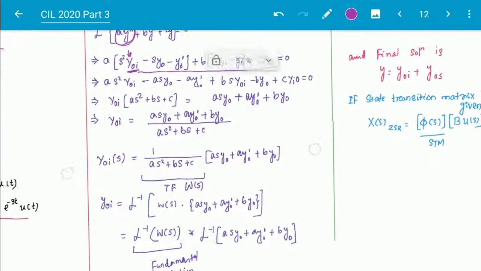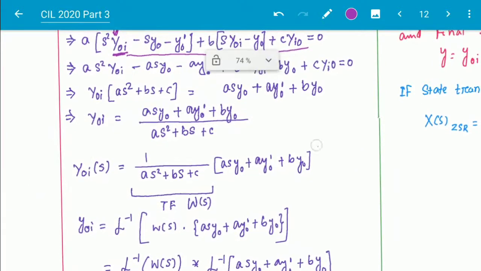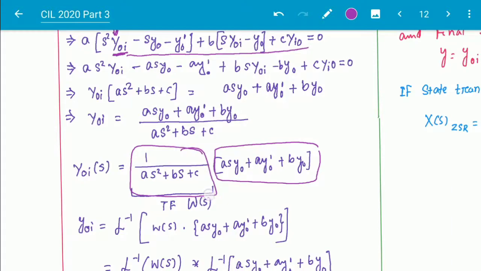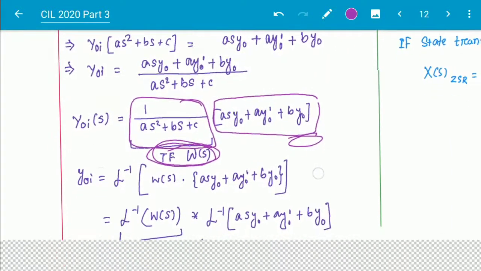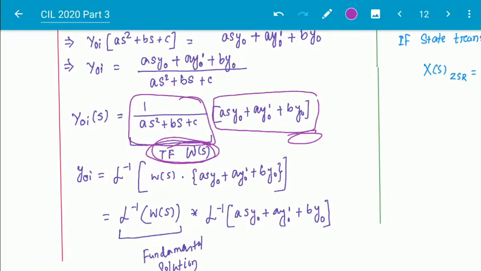If we calculate, there will be another term, which is called the transfer function, and a function multiplied to it. If we take the Laplace inverse of the whole term, this is called the zero input response, and the Laplace inverse of only the transfer function is called the fundamental solution.